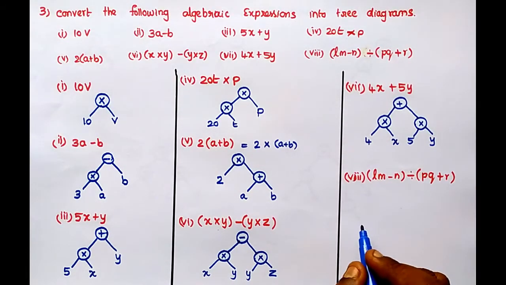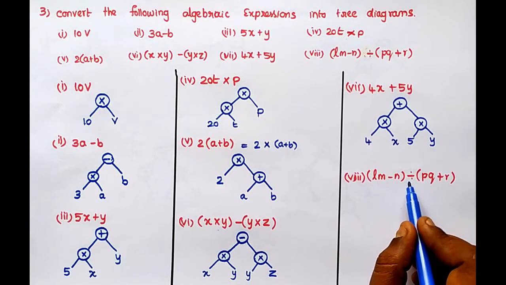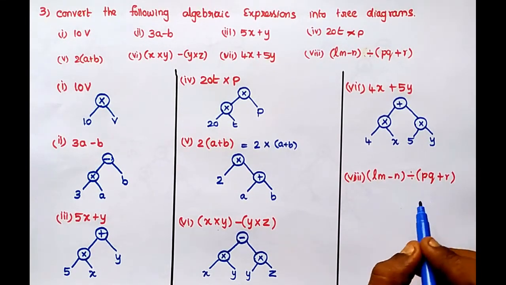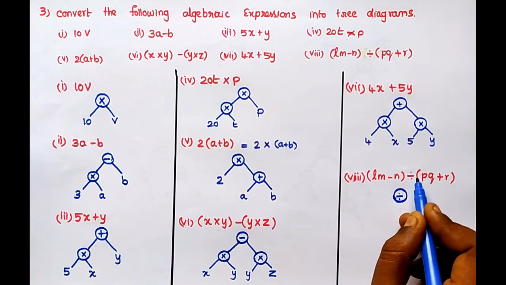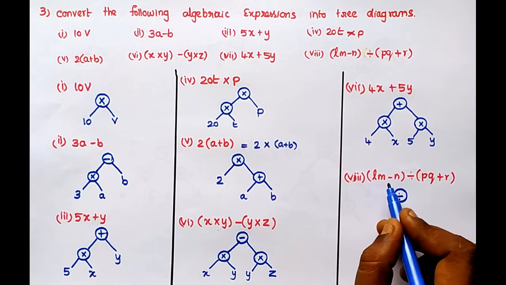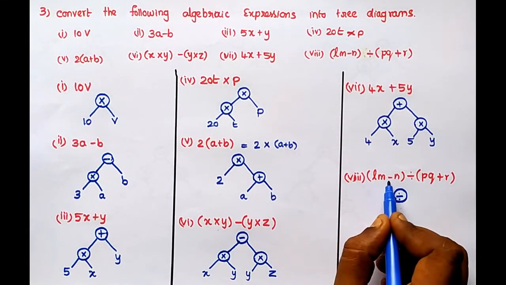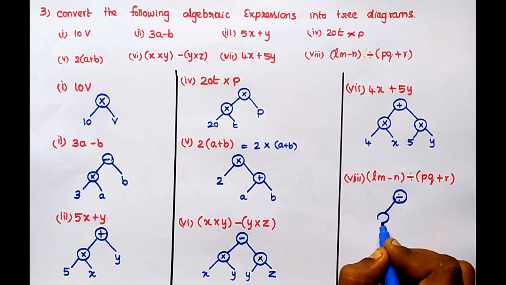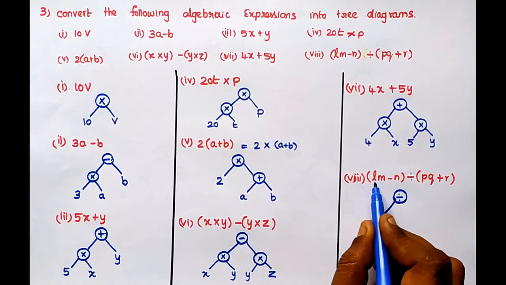That is the answer. Next one, l m minus n divided by p q plus r. Listen, division is the main thing here. Which one? l m minus n. So in this bracket, minus is the main operation. Subtract. Which one and which one? l m, l into m.